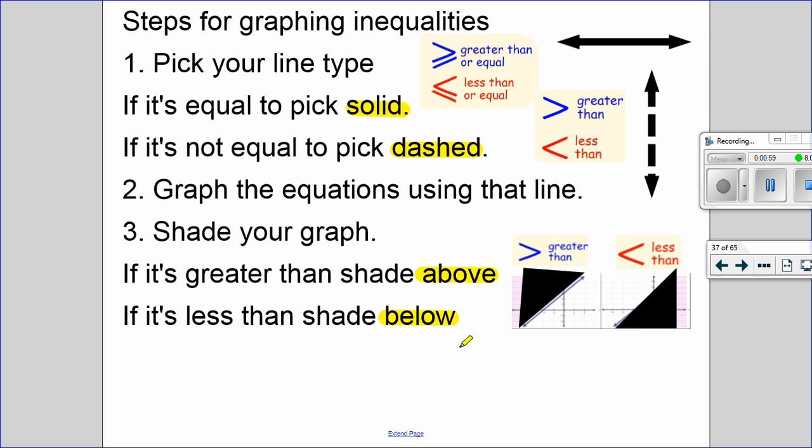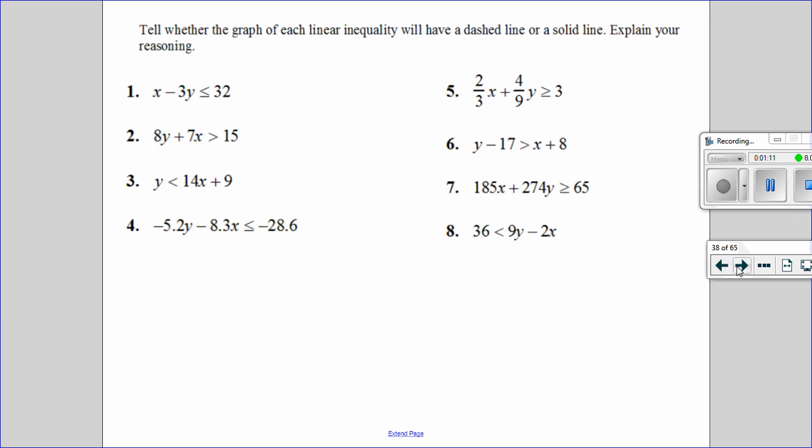Okay. Now, the first thing I want to do is make sure we understand when to use a dash or a solid line. So let's take a look at some problems here. For 1 through 8, I want you to see which one is dash or solid. Remember, if it has the equal to sign, then it is solid.